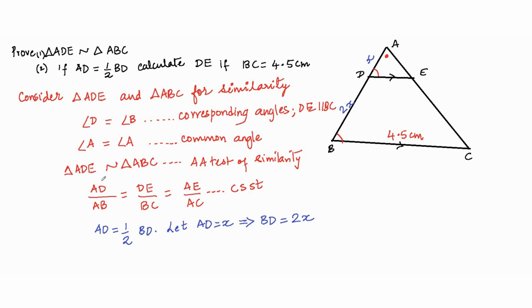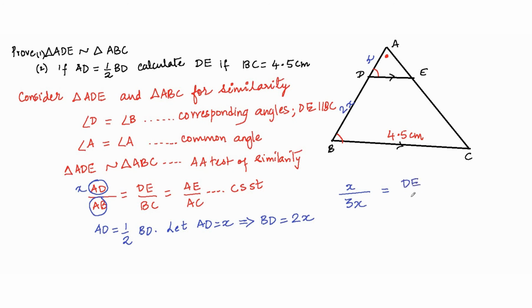So now let us substitute what we know. If I know that AD is X, I'm making the substitution here. So X divided by AB. So AD is X. How much is AB? If you look at the figure, AB is 3X, which equals DE, which is supposed to be found out.